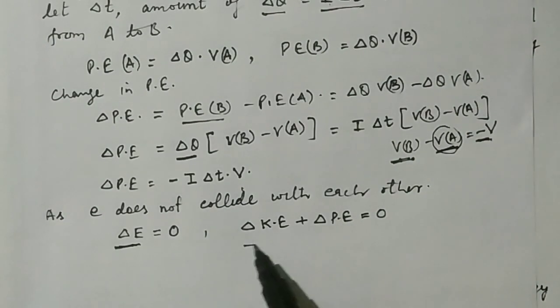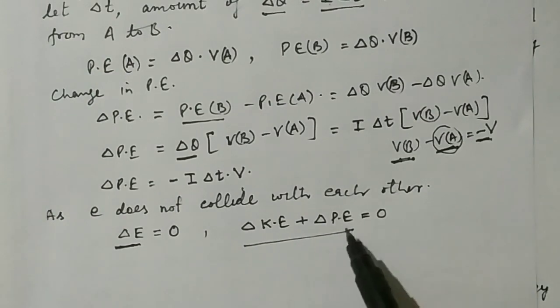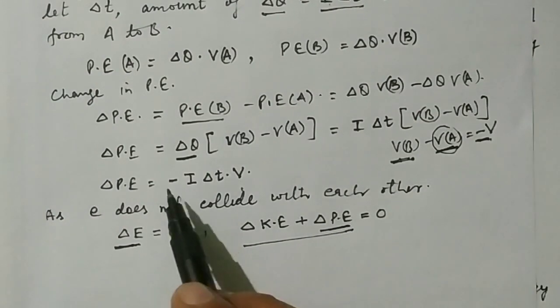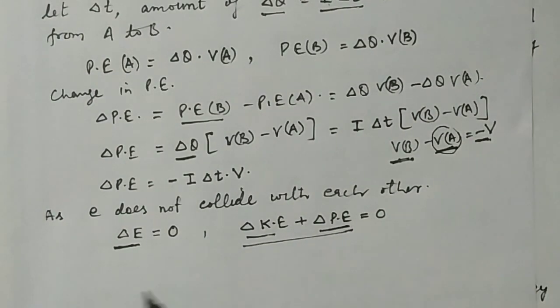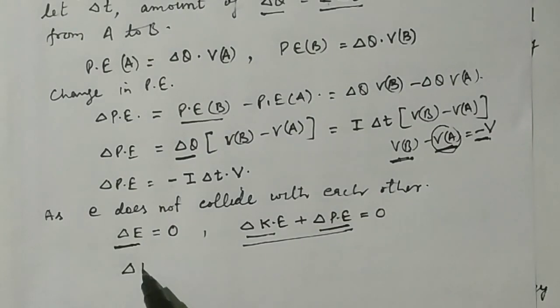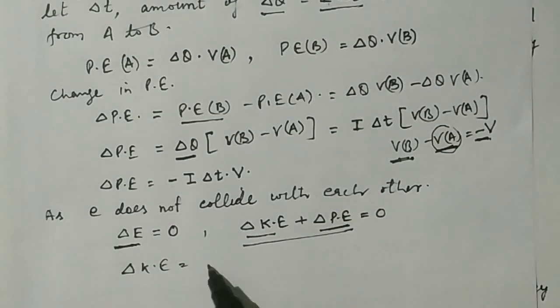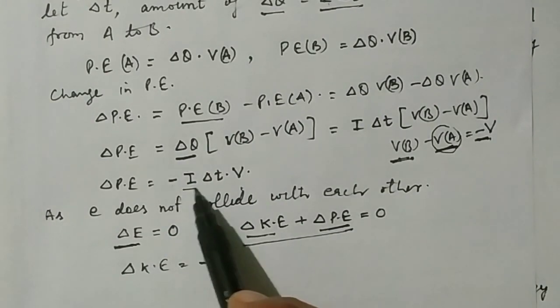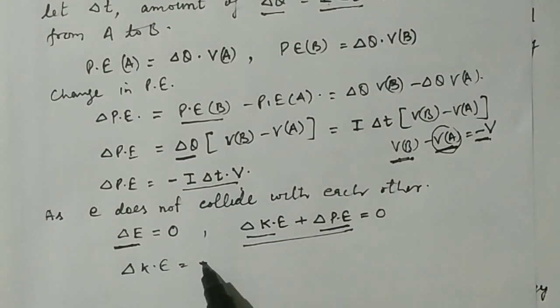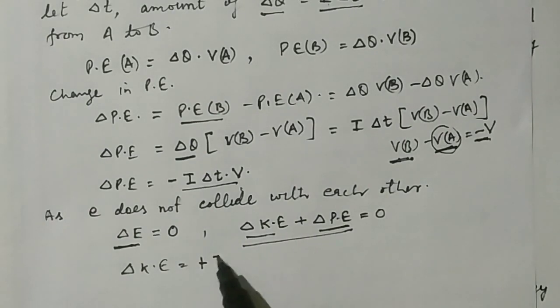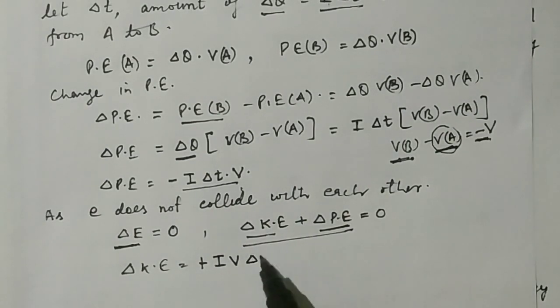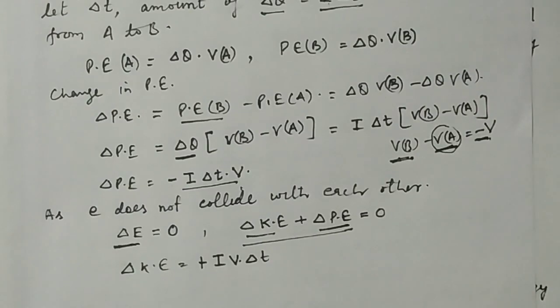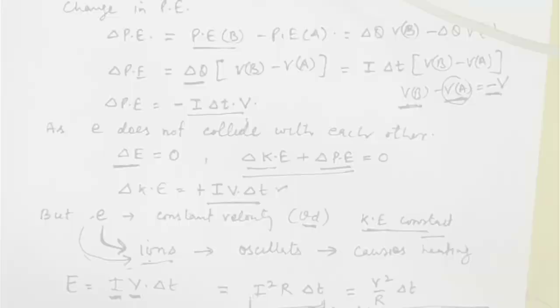From here you can see that the change in potential energy is negative. Then the change in kinetic energy will be equal to minus the change in potential energy, that is minus of this term, so minus minus becomes plus. So it becomes I V into delta t.